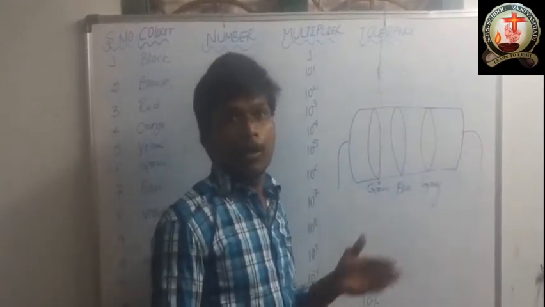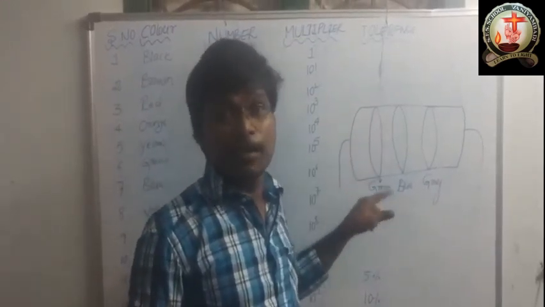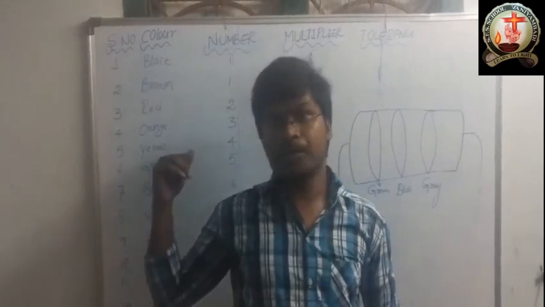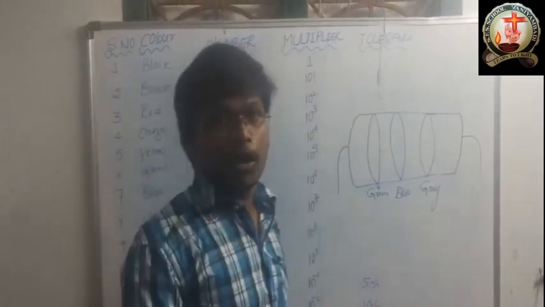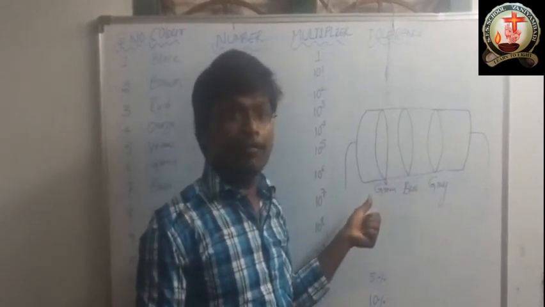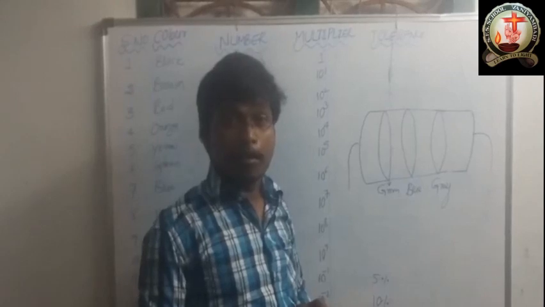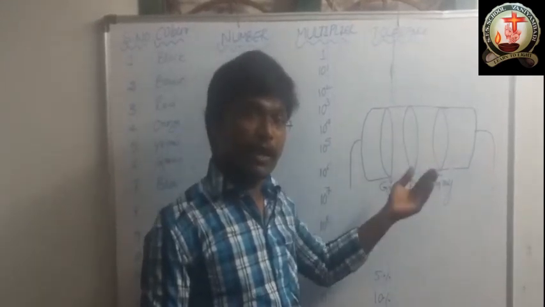Now I am going to find the resistance value of this resistor by the use of our tabular form. We know already the first ring and second ring indicate the significant figures, the third ring indicates the multiplier, and the fourth ring indicates the tolerance.